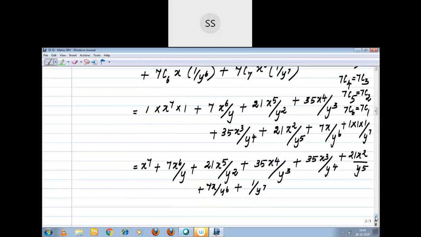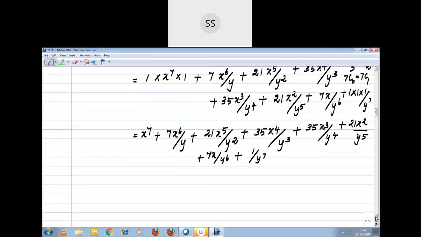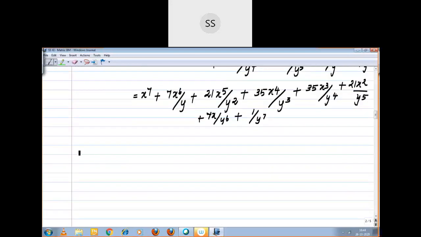Third sum, x plus 1 by x square, the whole power 6.